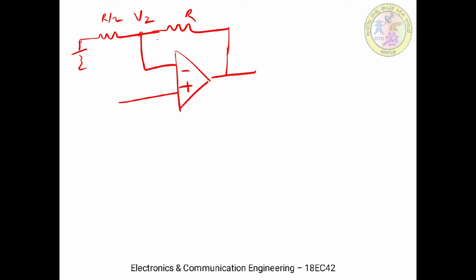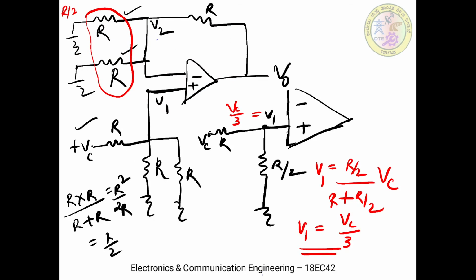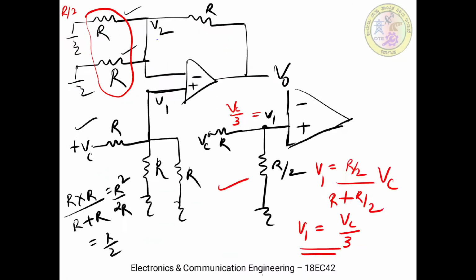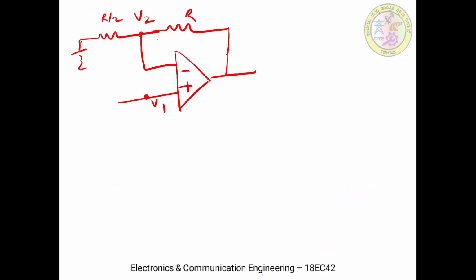So now at V1 our equivalent circuit is like this, that is VC is there. At V1 actually what we have is VC by 3, so VC by 3 input is available. We have the output V0 here.